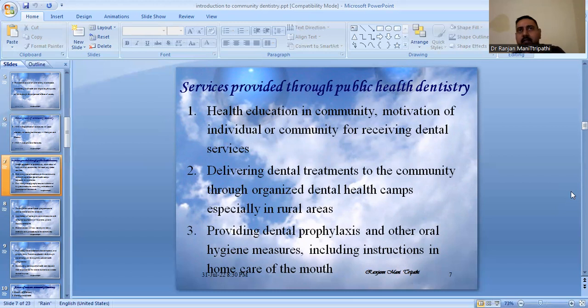There are several services that are rendered through public health dentistry or community dentistry. The health education in community, motivation of individual or community for receiving dental services.